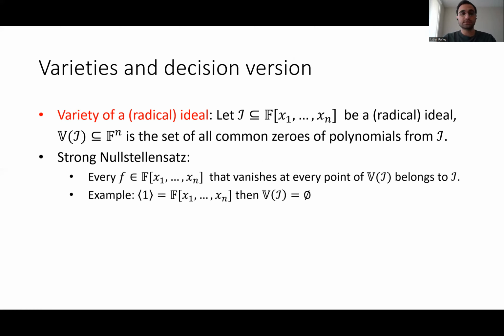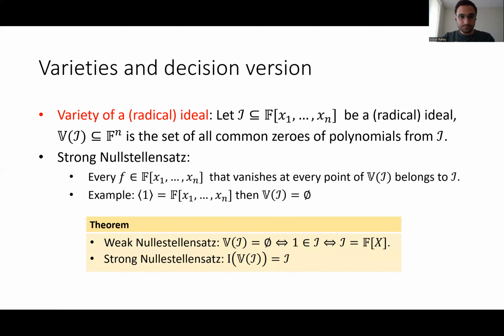For instance, if the ideal is generated by the polynomial 1, then it is equal to the entire ring of polynomials and the variety is empty. So in order to check whether the variety is empty or not, we just need to check membership of 1.